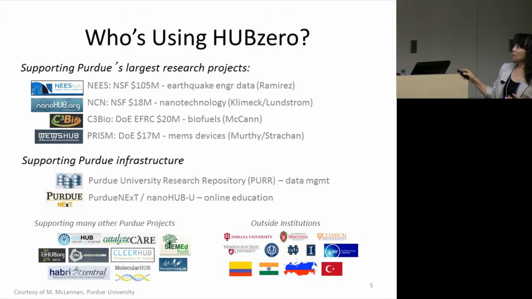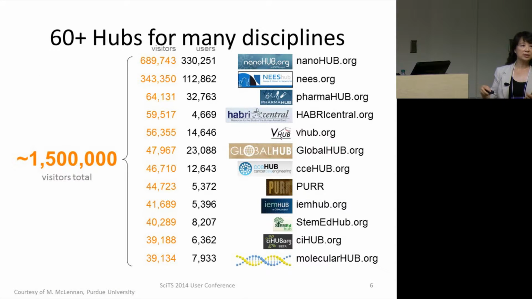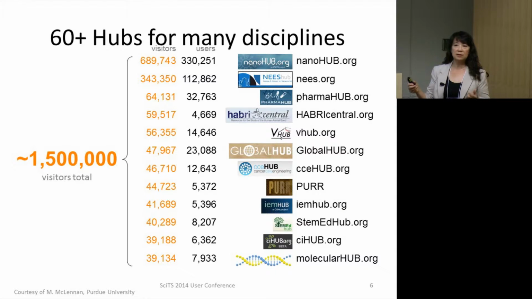Because HUBzero is released as open source, people can download it and run a HUBzero site on their own. So we probably don't know all the HUBzero sites that are running, and the ones we do know add up to more than 60 right now. And you can see the user community right there.